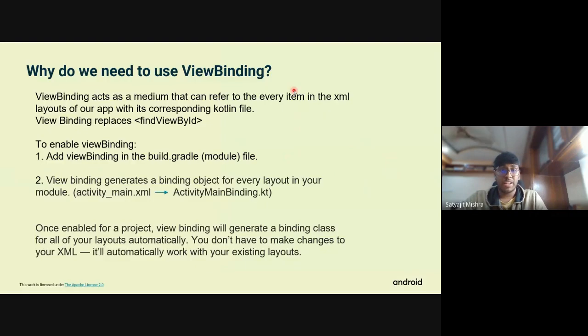I'll show you what view binding is, but first, as you know, in Android we use two types of files. One is the MainActivity.kt file where you write your code, and another one is your activity_main.xml. That XML part is where you design the layout of that particular screen, right?